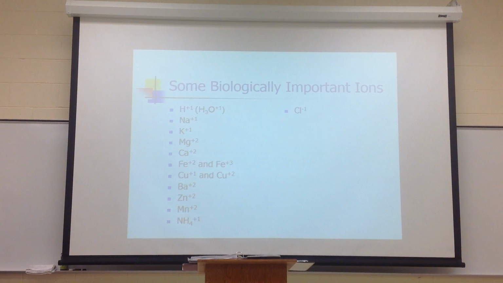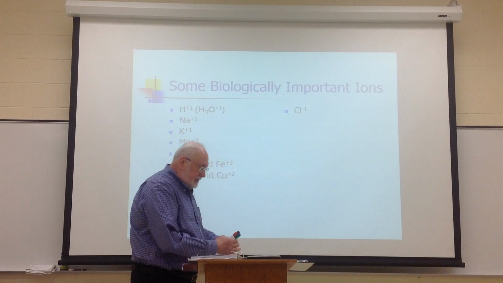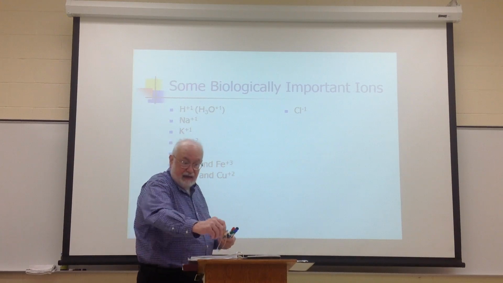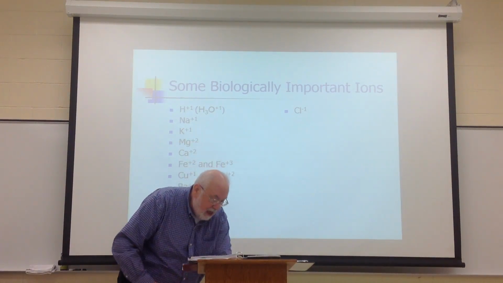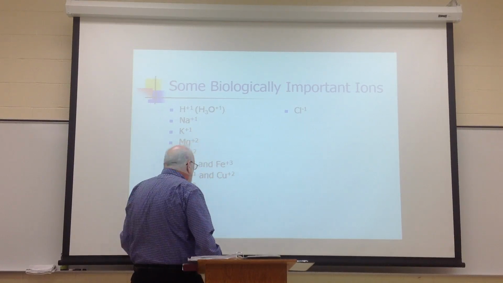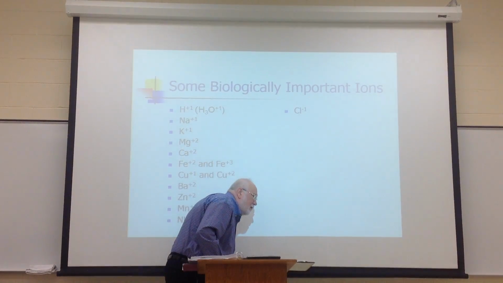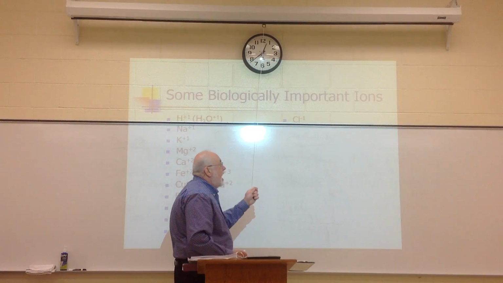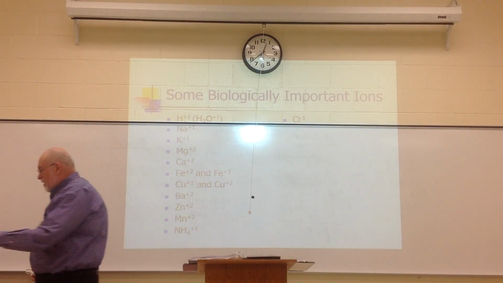Derived from a single atom. All right, now I want to say a word or two about the naming conventions here. We don't call it chlorine ion. It's called a chloride ion. Kaboom.